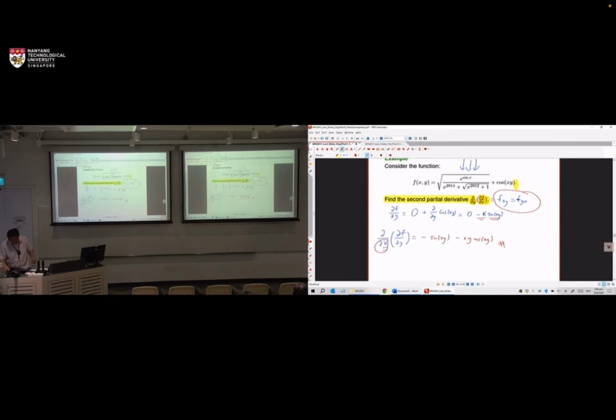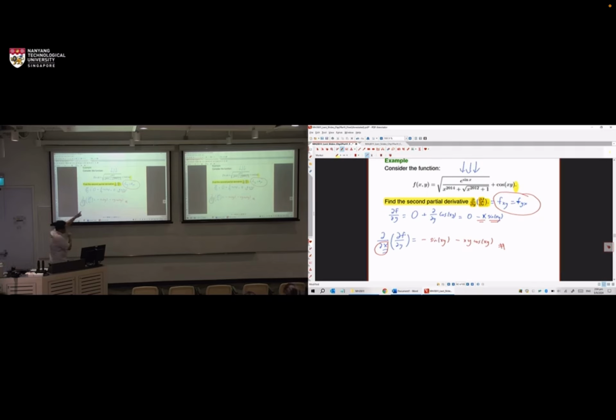This one is so ugly looking. Remember that f_xy equals f_yx. So I deliberately do del f del y first. When I do del f del y, I get 0 plus the partial derivative of cosine xy, and this will give me this.